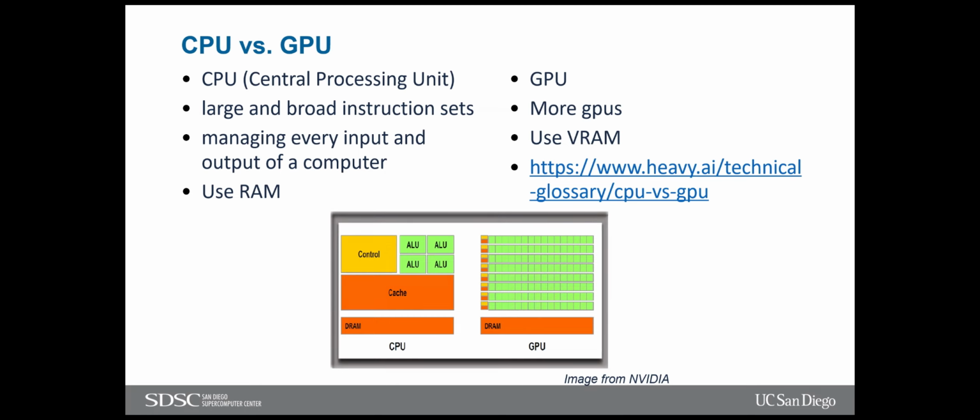And it does this by breaking down the tasks into small bits. So while every GPU node will have CPUs associated with it, all CPU nodes do not need to have GPUs associated with it.